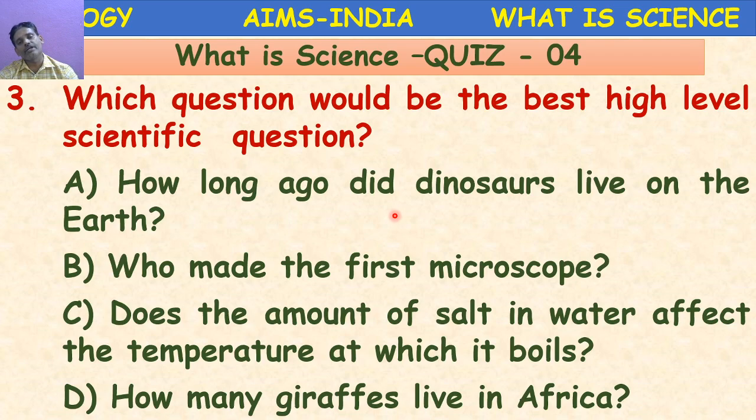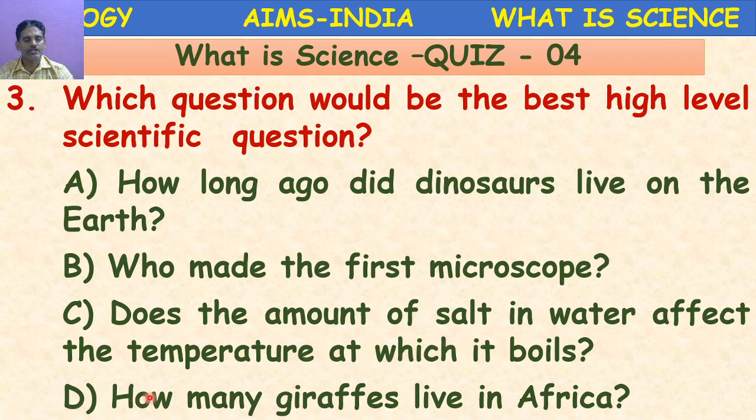How long ago did dinosaurs live on the earth? The first question. Second one, who made the first microscope? Then the third question, does the amount of salt in water affect the temperature at which it boils?